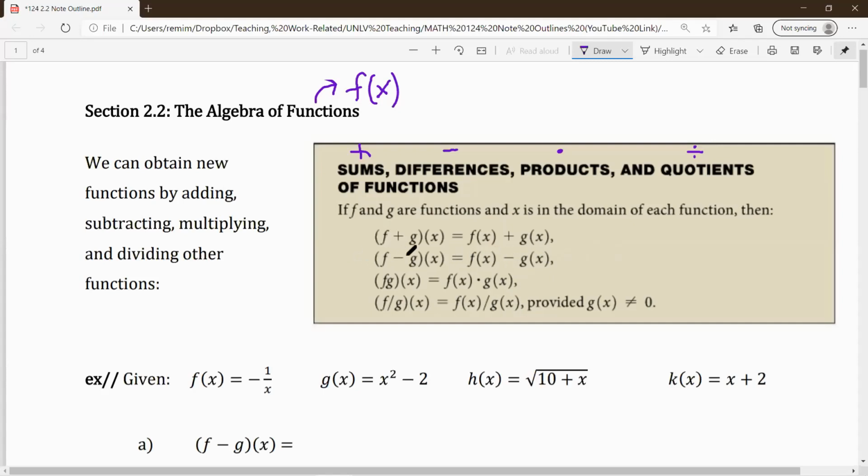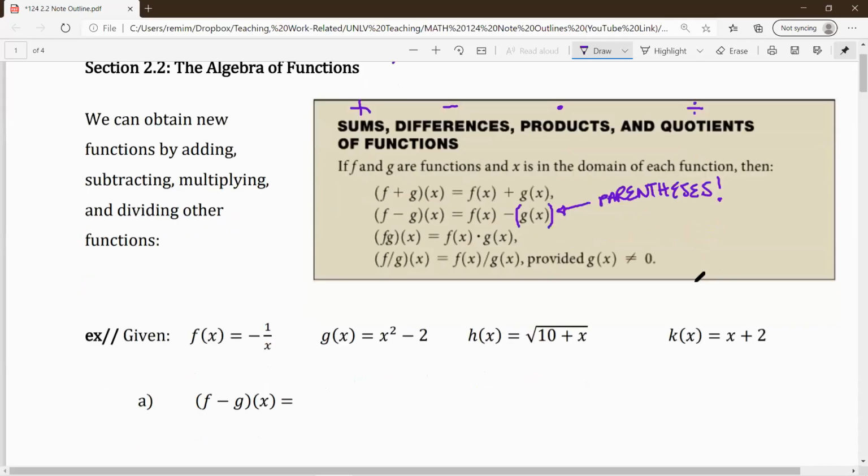I suggest that if you're ever doing a subtraction of two functions, when you write the second function down, this g of x part over here, put parentheses around that function when you're writing it. Put parentheses there. And when we do some examples, I will do that in the examples as well.